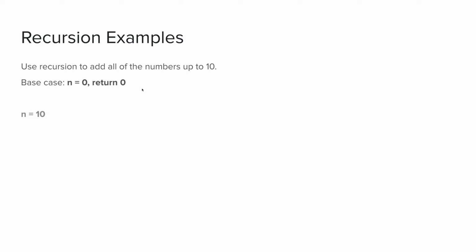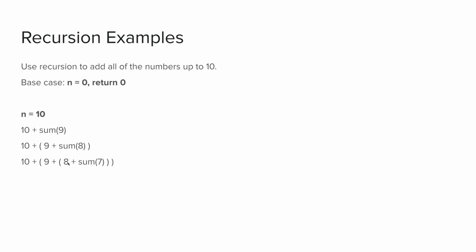If not, if n is 10, how can we define a smaller problem? The biggest problem is when n is 10. The smaller problem would be 10 plus sum of 9, assuming the name of the function is sum. So the sum of 9 means 9 plus sum of 8.